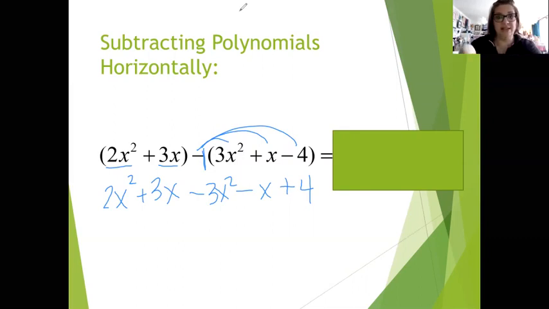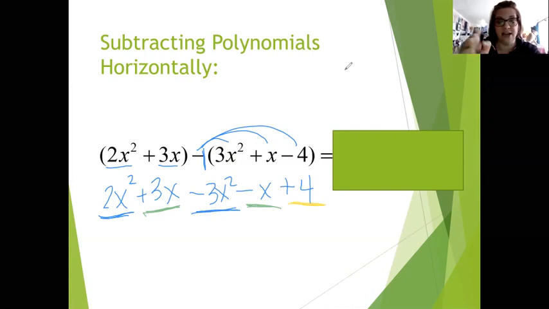So 2x squared and 3x squared, I have 3x, and there's a negative x, and then I'm at positive 4 right there.